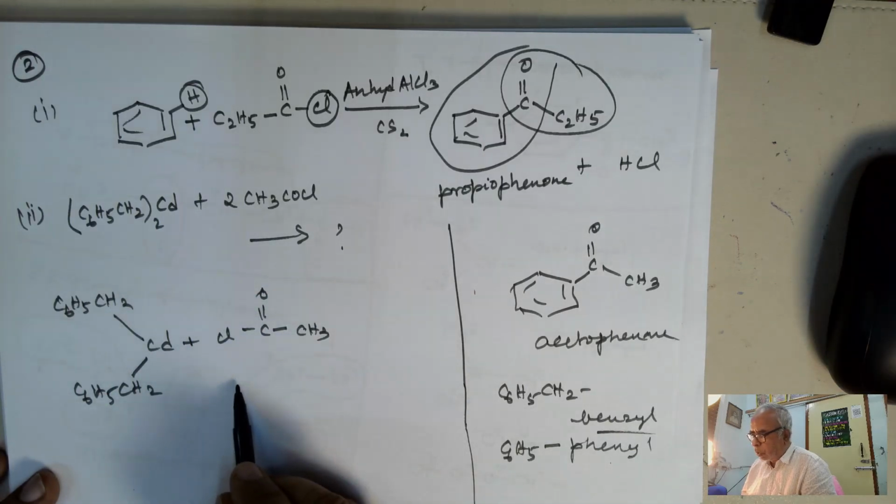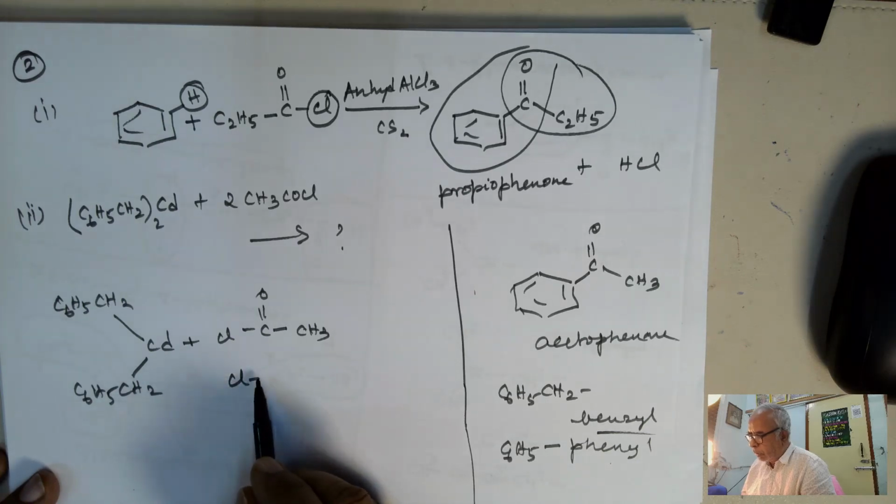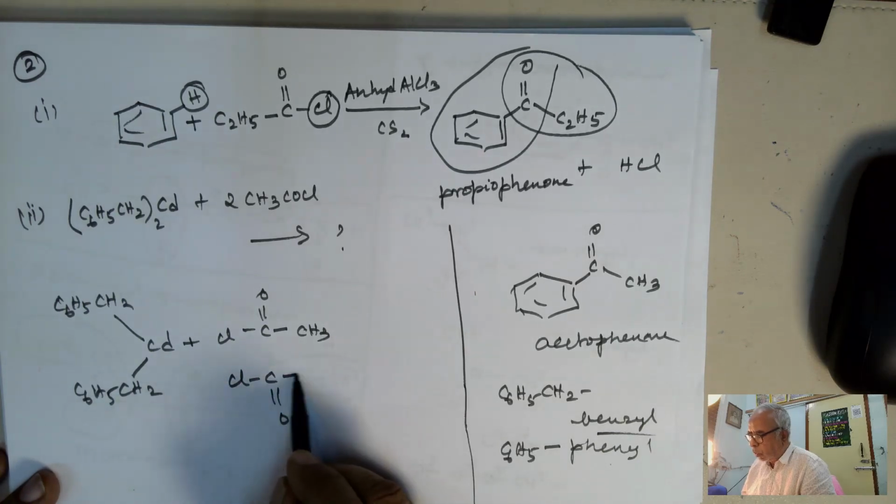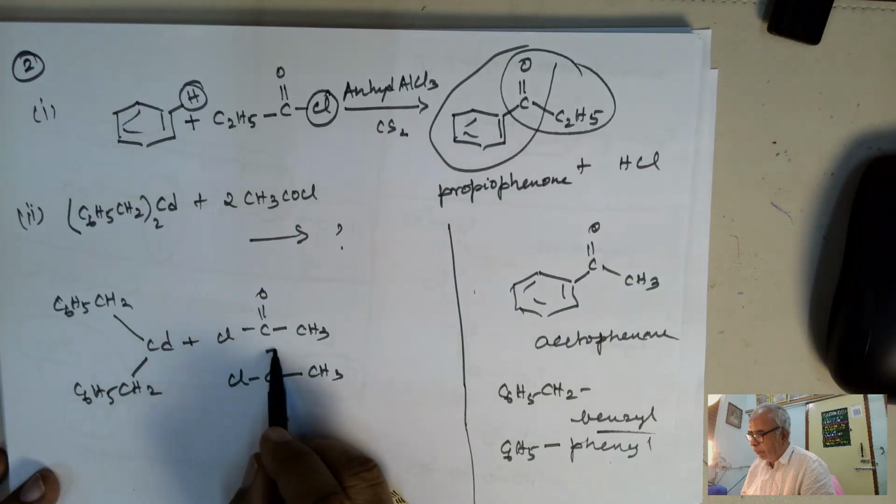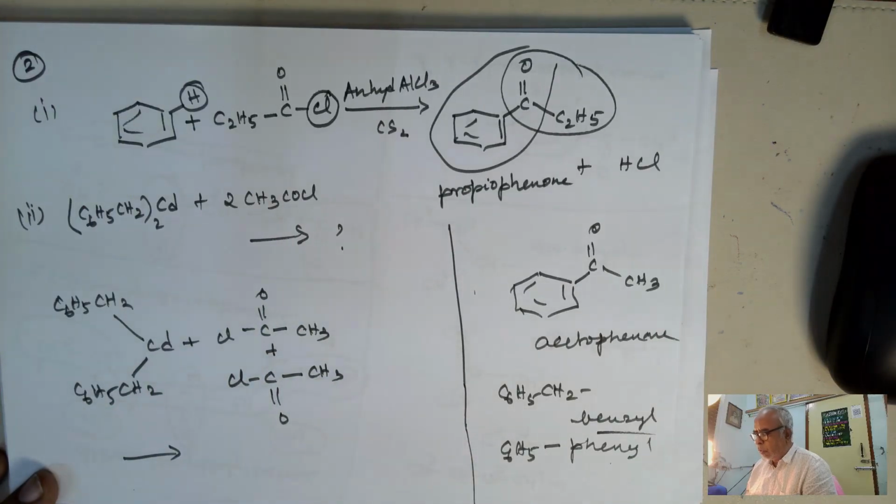And it requires 2 moles, so you can write another Cl-C(=O)CH3. So it reacts with the 2 moles.